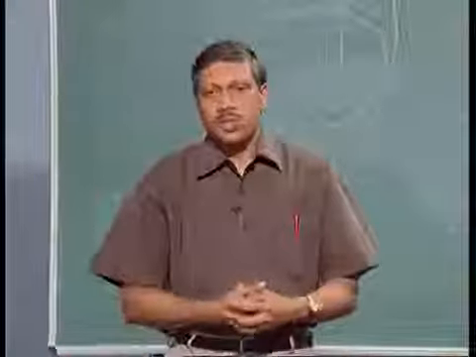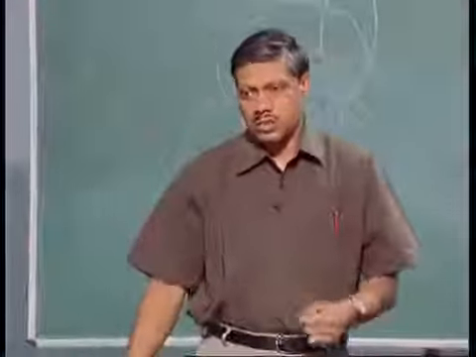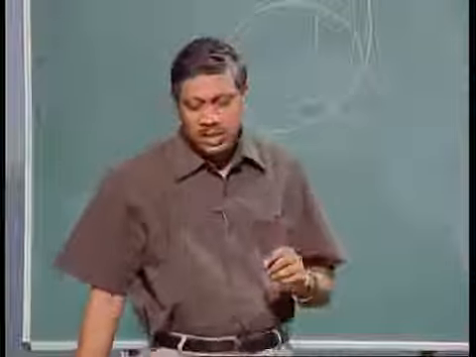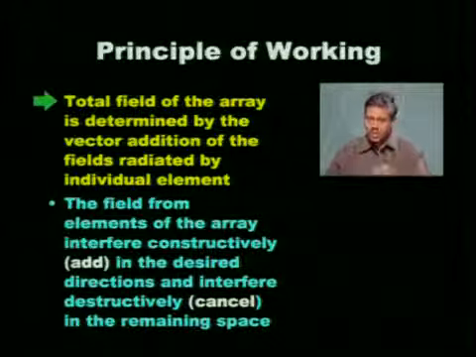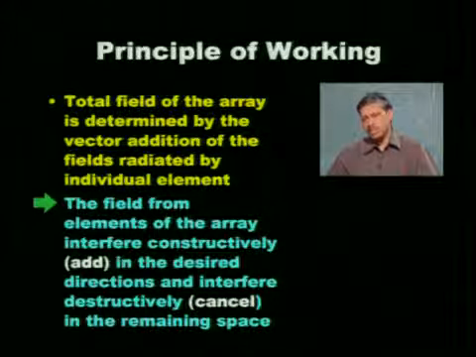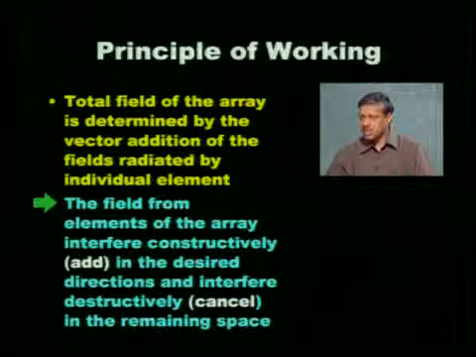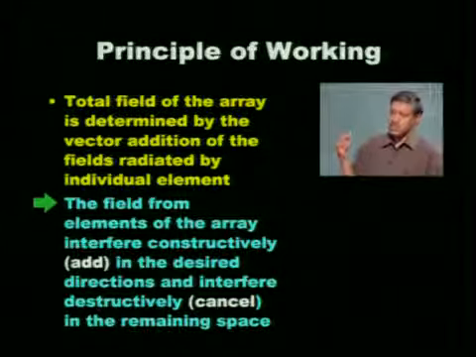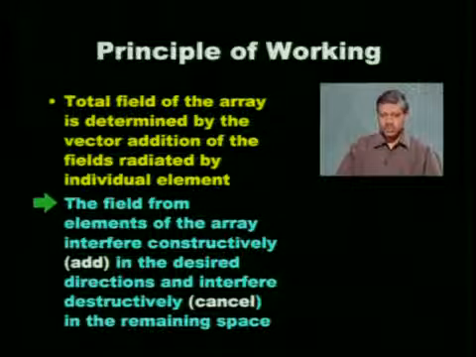Now, what is the principle? How does it really work? When you look into the principle of antenna array working, the total field of the array is the contribution of each individual field. The interference is constructive at the point of interest, and it is supposed to be fully destructive at the point not of your interest.